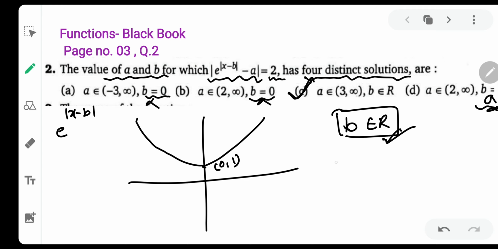Now what they have done is they have subtracted a from it. Okay, it means the graph will be pulled down a units. The graph will be pulled down a units. So every y coordinate will be subtracted with a.